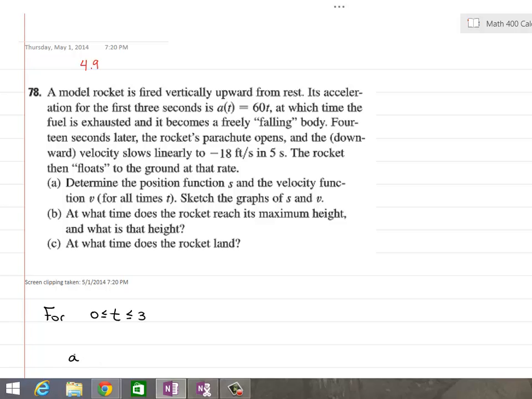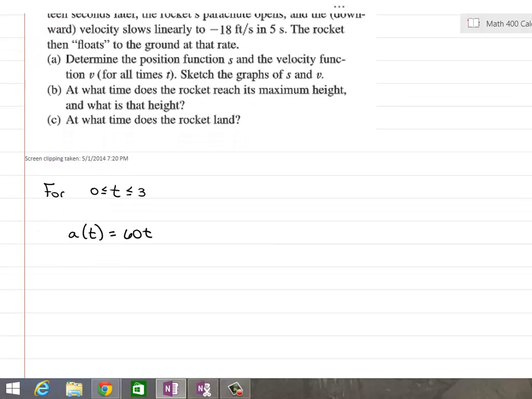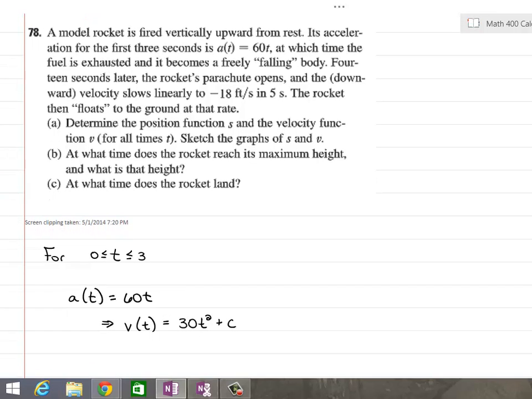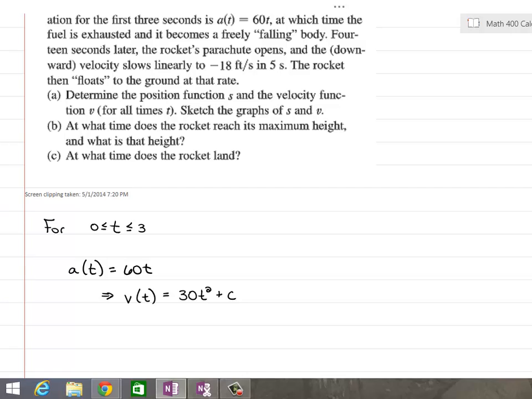We happen to know that a of t is equal to 60t. And that will imply that v of t, velocity, which is going to be the antiderivative of that 60t, will be 30t squared plus some constant. And I'm going to treat this slightly differently than maybe how I did it in class.